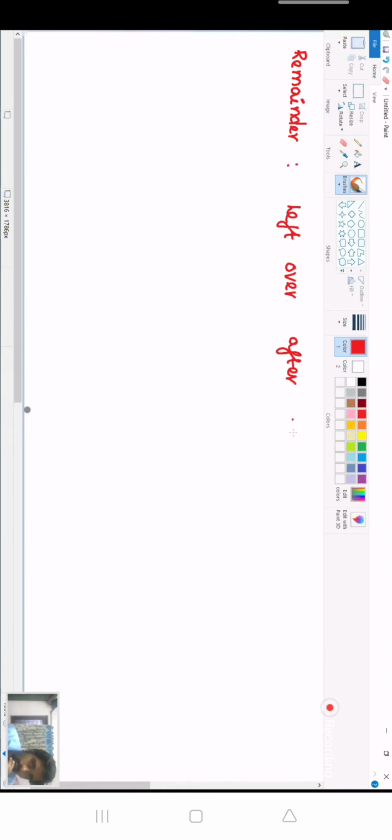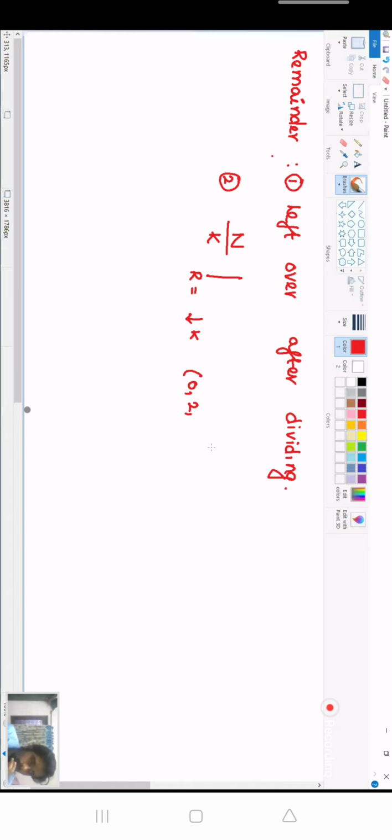And the second point is that whenever we have any number, if you are dividing this number with a, the remainders will always be less than a only. Or precisely, we can say the remainders are going to be 0, 1, 2, 3 and so on till a minus 1. This is a basic point which I want to keep in front of you.